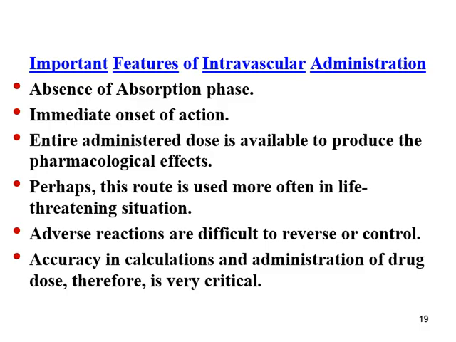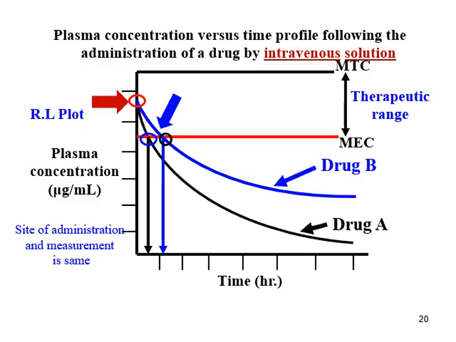This plot shows you the administration of a drug by intravenous solution. If you look here, you can see the lines for MTC and MEC. In between is the therapeutic range, right?